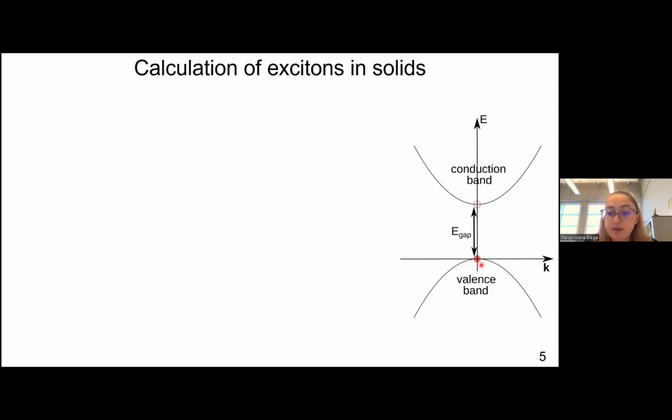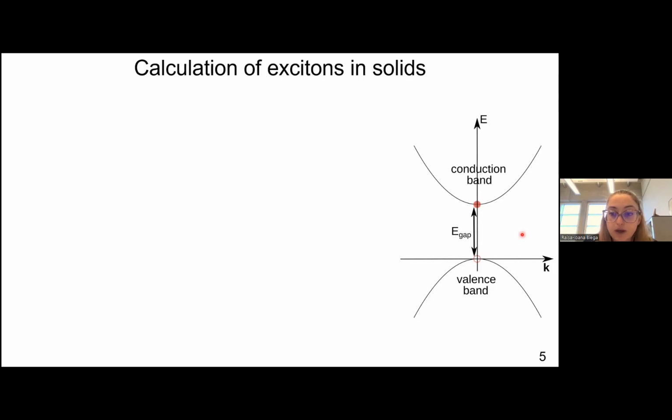In the valence band region, we have electrons, nothing in the conduction band. But now, if we excite this semiconductor, then the electrons would promote to the conduction band, and they would leave a hole in their place.